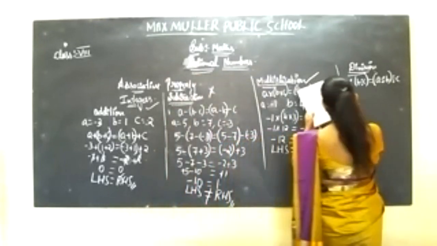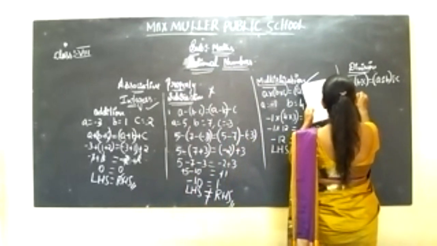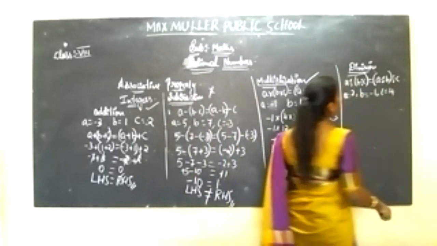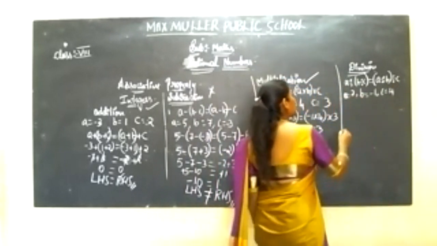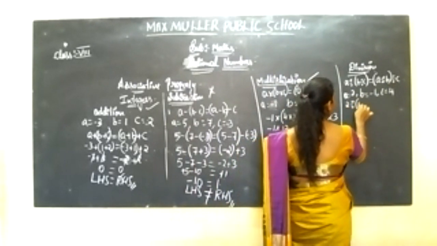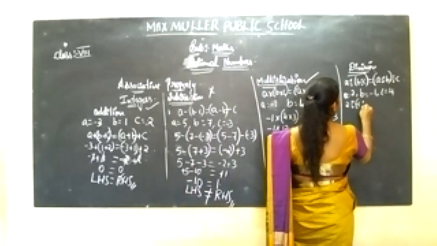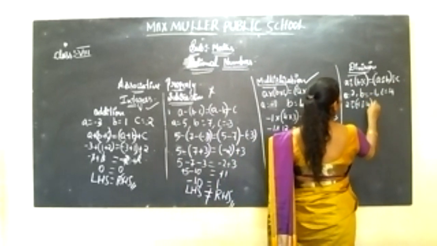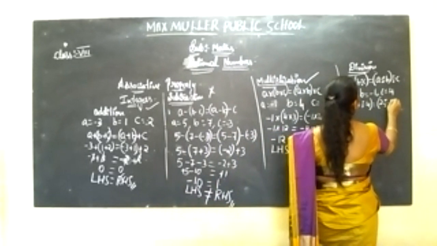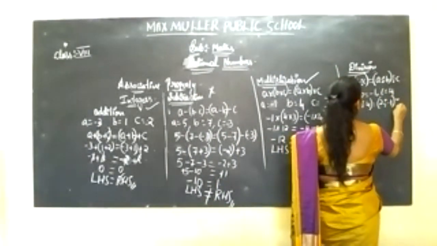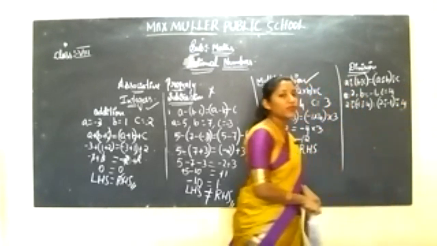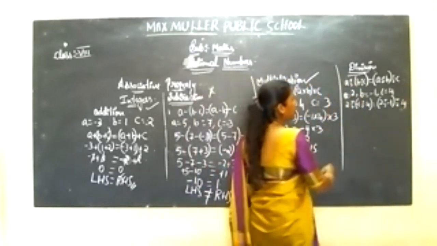So I will take the example: A is equal to 2, B is equal to -1, C is equal to 4. For this, what you have to do? Substitute in place of A as 2, in place of B as -1, divided by C as 4, is equal to 2 divided by -1 divided by C, which is again 4.